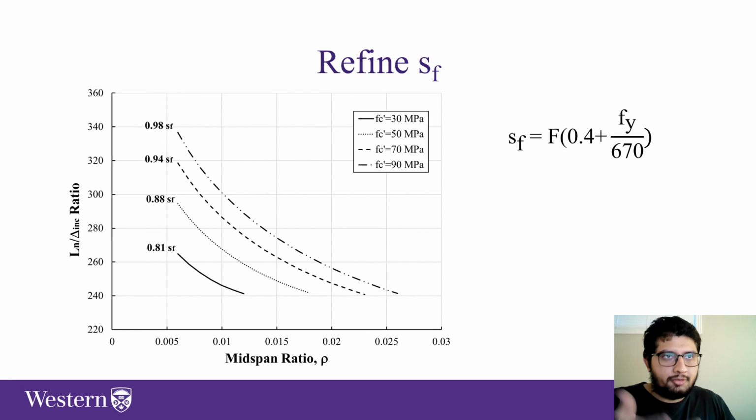And basically, for a concrete compressive strength of 30 MPa, I can reduce S sub f by 19%, and for concrete compressive stress of 90 MPa, I can reduce S sub f by 2%.